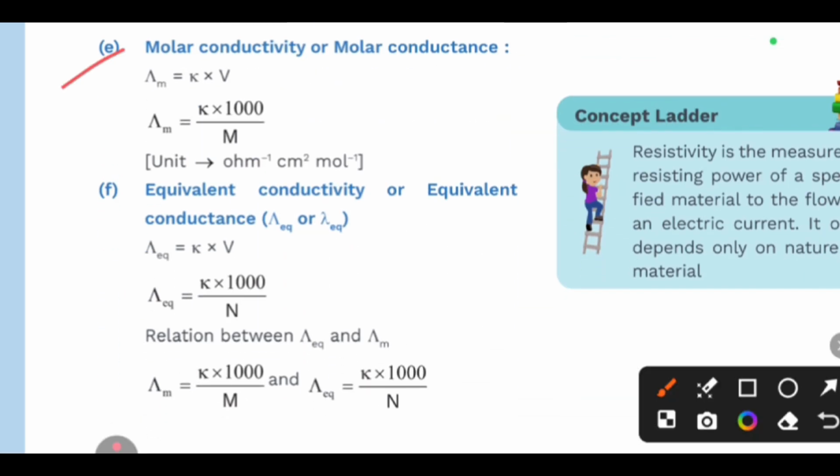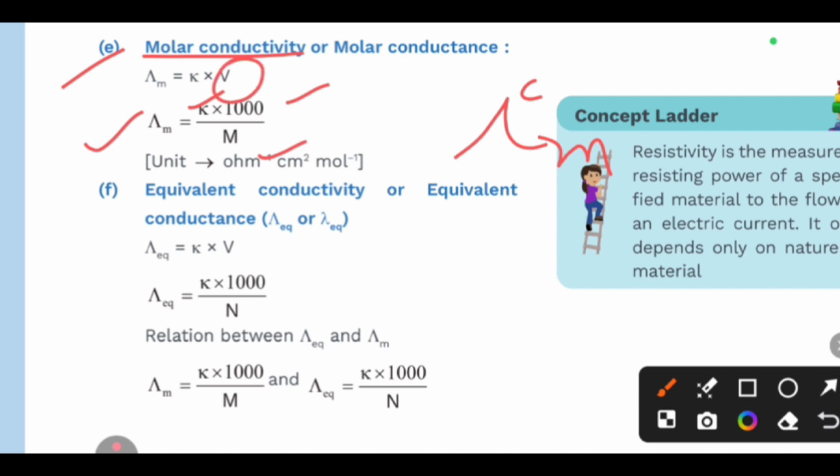Next is molar conductivity or molar conductance. How can you represent molar conductivity? By lambda. At any concentration you can use C, or you can write it without C also. Molar conductivity or molar conductance is equal to K into 1000 by M. How much volume have we taken here?